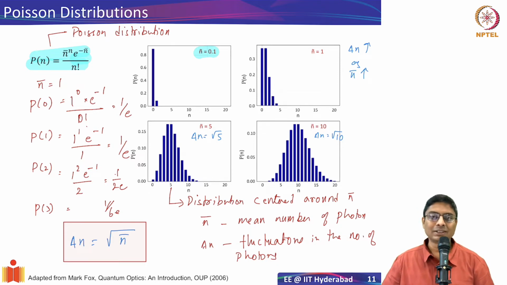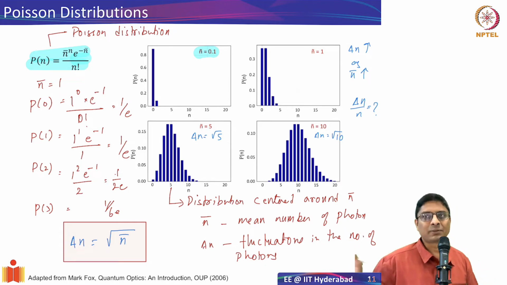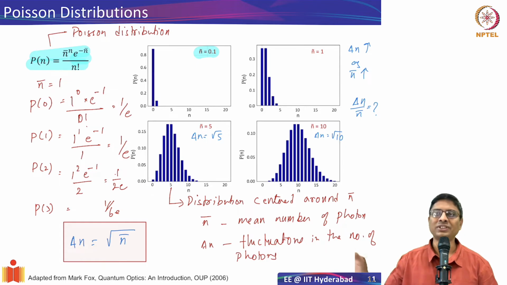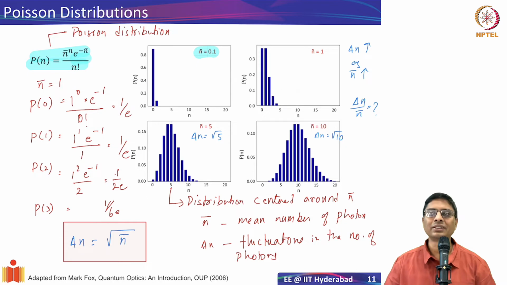But there is another thing we can consider, which I'll call relative fluctuations, that is, delta n divided by n bar. It's not enough just to talk of the absolute fluctuations in the number of photons; relative to the mean number is what is interesting.